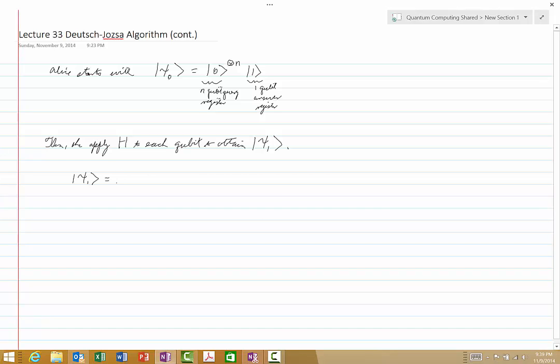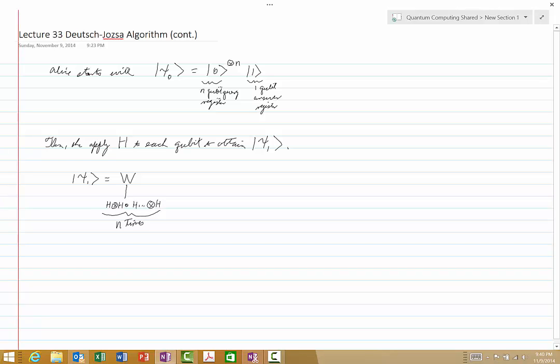Well, remember that when we apply H to each qubit, one shorthand way of writing that is W. So we would have W, and just to make sure you understand, that's H tensor product H tensor product H dot dot dot tensor product H. We have that n times.